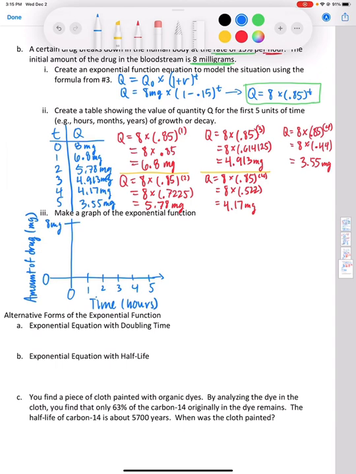Okay, so we got to draw some intermediary points here. So let's do 4 milligrams, 1, 2, and 1, 2, 3, 4, 5, and 6. Okay, so we have 8 milligrams at time 0 first.